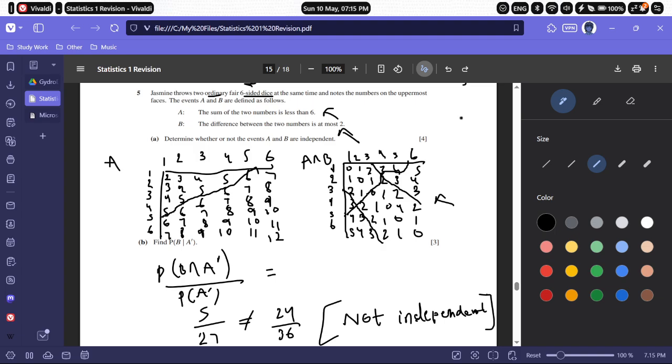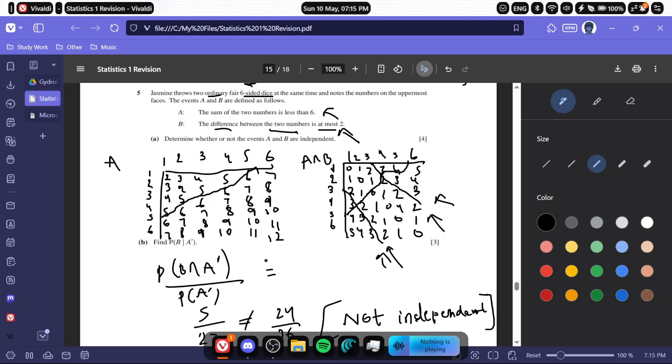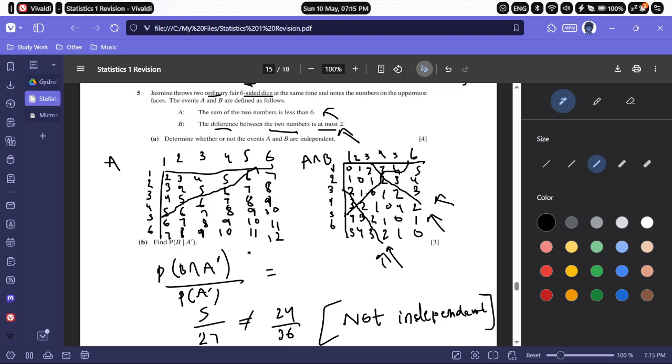A complement would be all the region below, and then that intersection B. And P of B was that the difference between two numbers is at most 2. So you can refer to this one over here. For that, we had found these two boundaries, these two parallel lines. So you can use that to your aid once again.